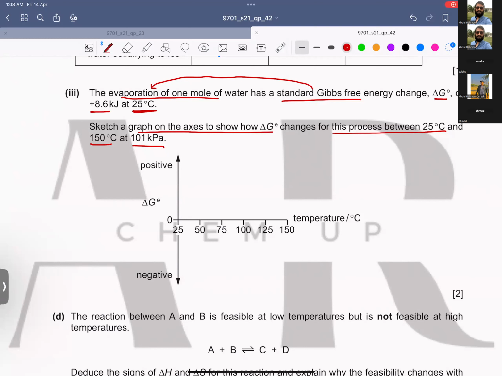And if you recall, isn't 100 degrees Celsius the boiling point of water, right? So at and above the boiling point, the evaporation occurs more readily, right?